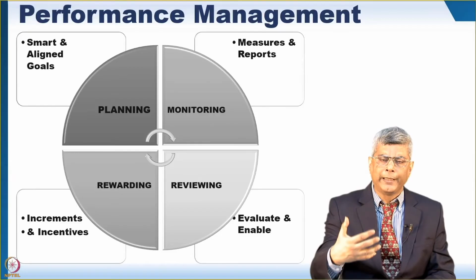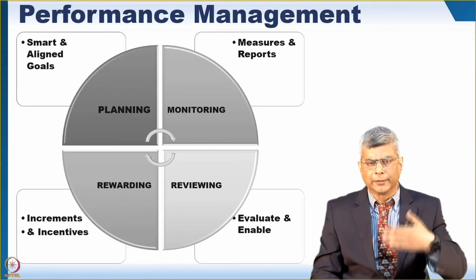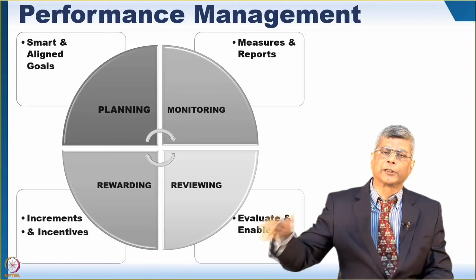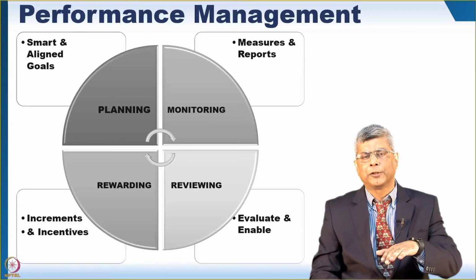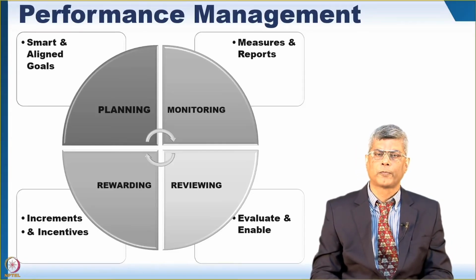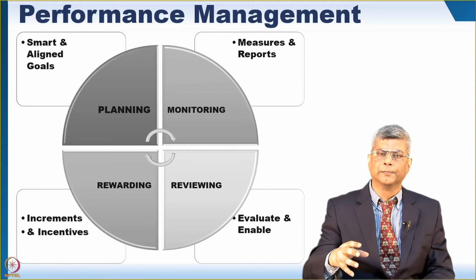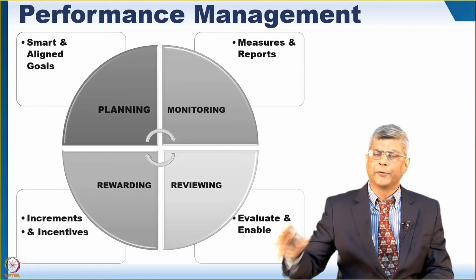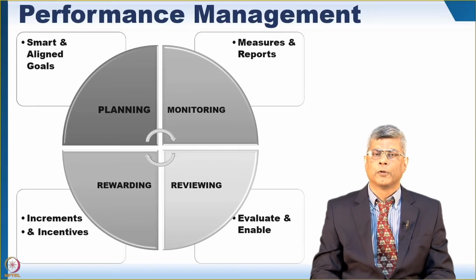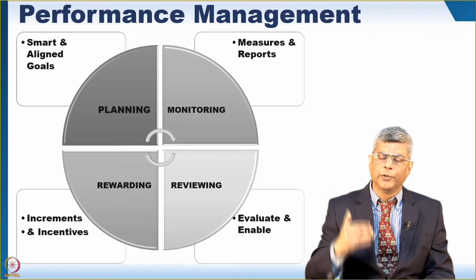There have to be measures and reports, daily basis, weekly basis, monthly basis, annualized basis, so the employee knows how he's performing versus the goals, and the management also knows how the employee is performing versus the goals. And this is very important if you're a large company with 10,000 employees or 100,000 employees or 500,000 employees. The next quadrant is about reviewing.